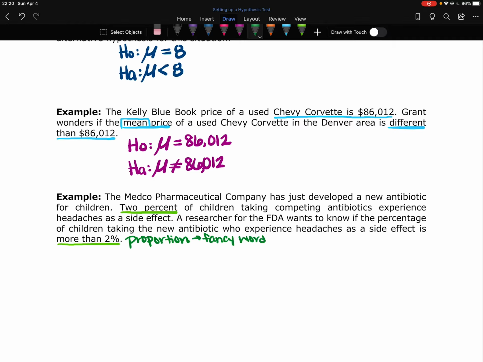It's not identically a word for percent. They're not exactly the same word, but they're very similar. So if you see percentages, then that should hopefully indicate to you, hey, this might be proportions. Okay?